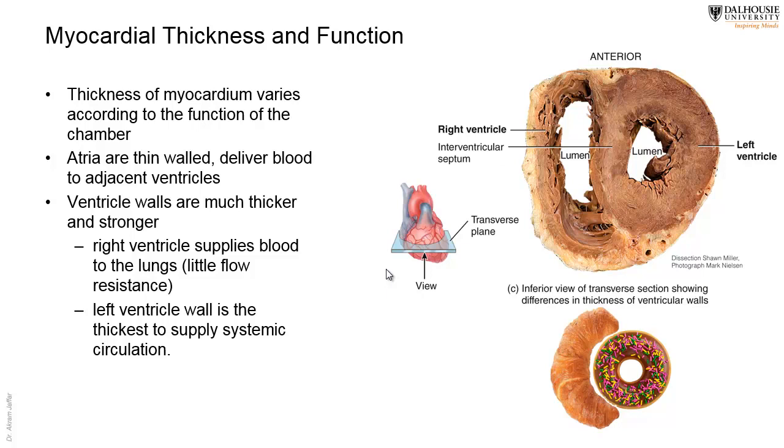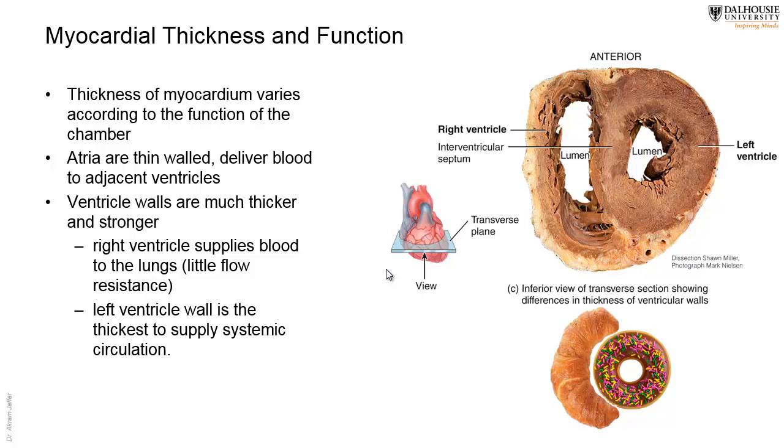But even in the ventricles, the right ventricle is pumping the blood from the heart to the lung. So you don't need a lot of force to pump that blood. But it is thicker. This is the wall of the right ventricle.